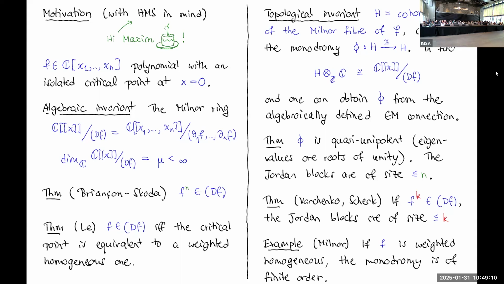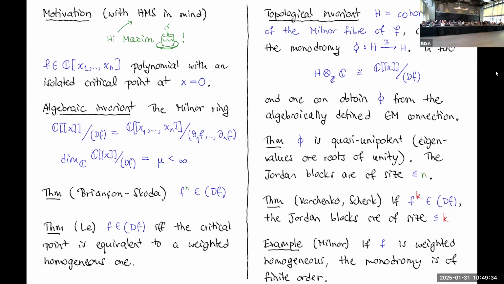So there's a relation between those two, meaning that this is an abelian group, but if you extend it to a complex vector space, then it is actually isomorphic to this one here. And in terms of the algebra, you can obtain, well, not directly the monodromy, but you could put an algebraic connection whose monodromy is equal to this topological one.